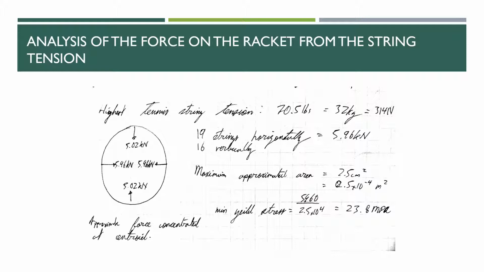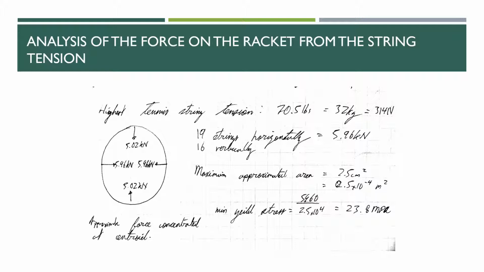You're going to have the highest force acting on the horizontal strings because there are 19 strings, and that comes out to a total of 5.96 kilonewtons of force each side onto the racket. That can be resolved as a single force acting at the center, approximating the forces as a semicircle.